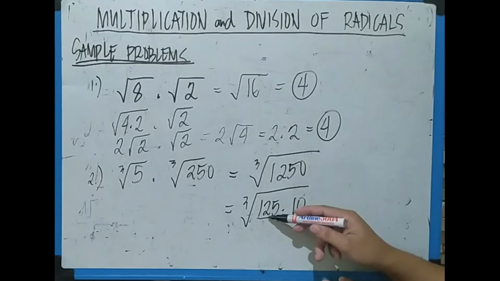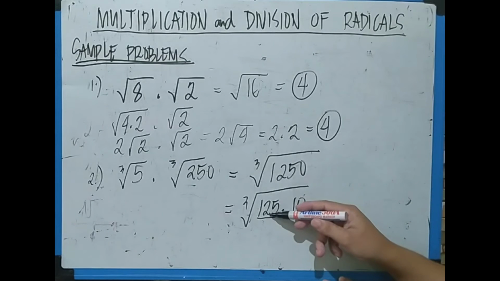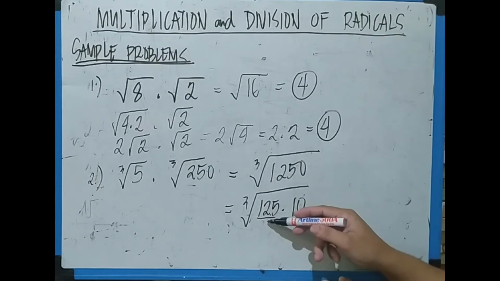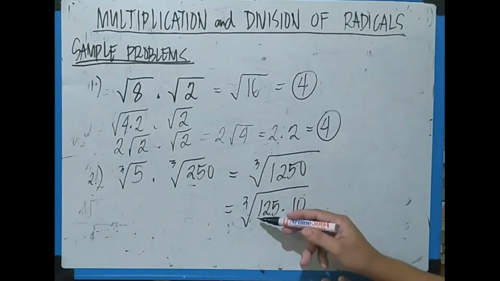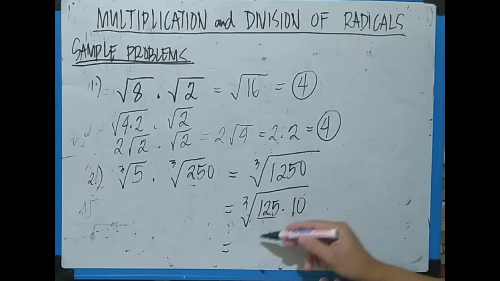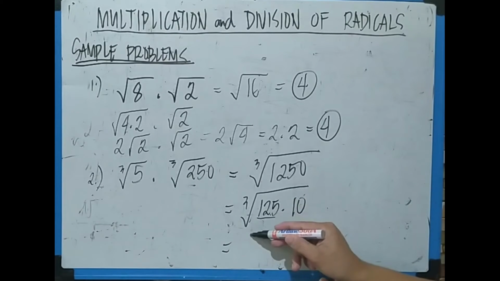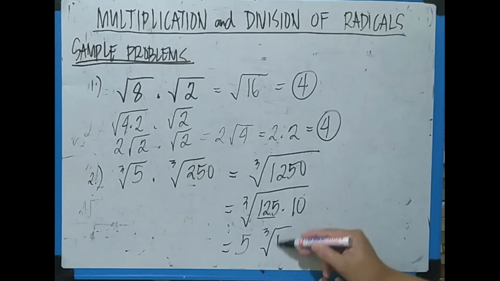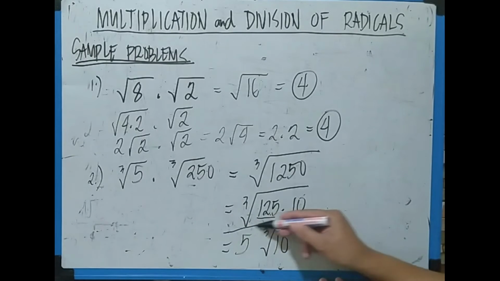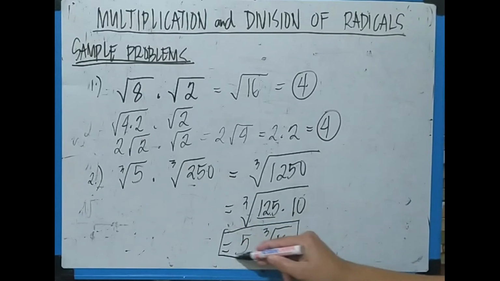There is number na kung saan pag multiply natin ng 3 beses, ang sagot niya ay 125. And that is 5. So, 5 times 5 is 25, times 5 is 125. So, we have here now, the final answer for this is 5. We have cube root of, ang may iwan sa loob will be 10. So, this will be your final answer.